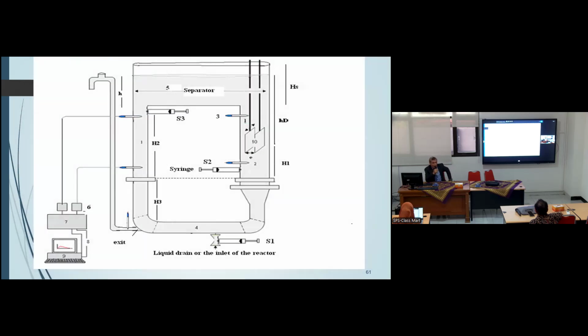So this is the concept. For example, if I want to analyze the whole reactor, I put a tracer here, for example a salt, and I have a probe at the outlet of the reactor. With a continuous flow, I will see whether my flow is passing by here, or by here, or by two paths.